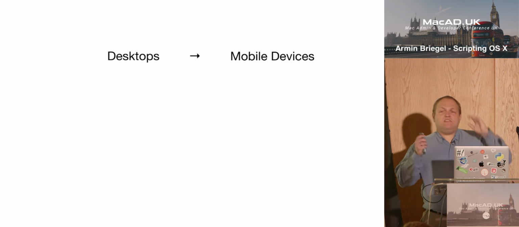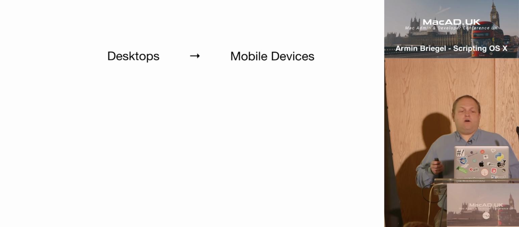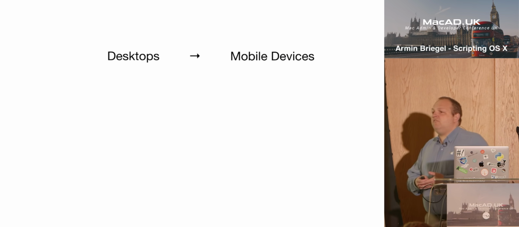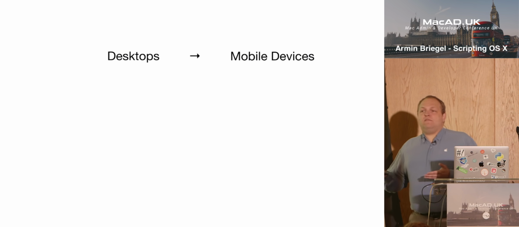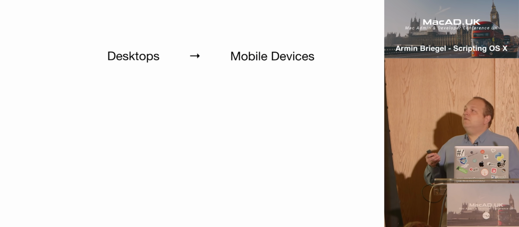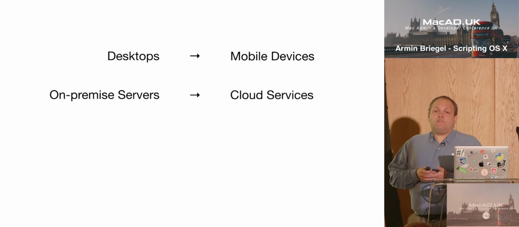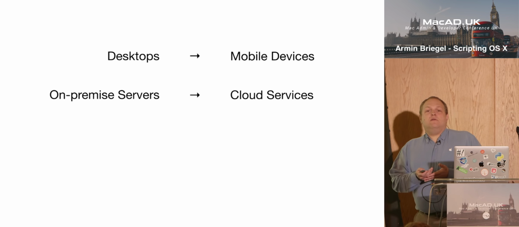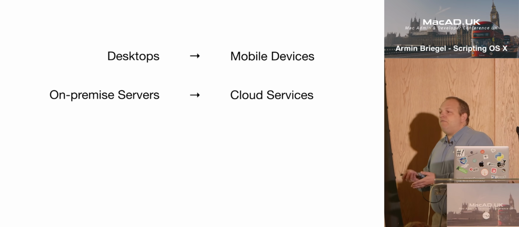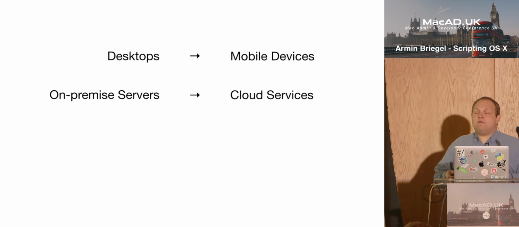So we have all these transitions going on, from desktops and workstations to mobile devices, whether they're cell phones, tablets, or laptops. We have on-premise servers moving into the cloud, whether you manage them yourself in the cloud or whether it's hosted in the cloud.